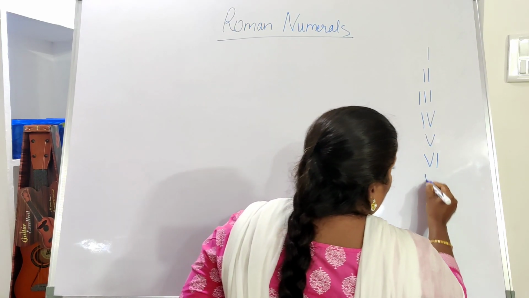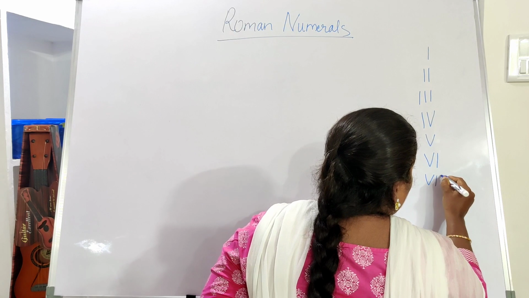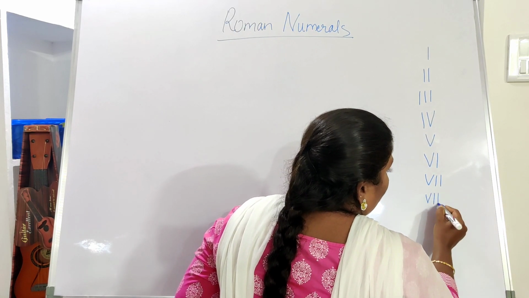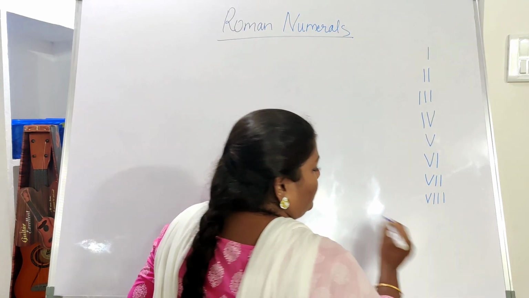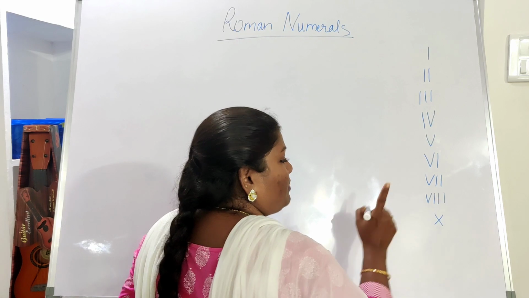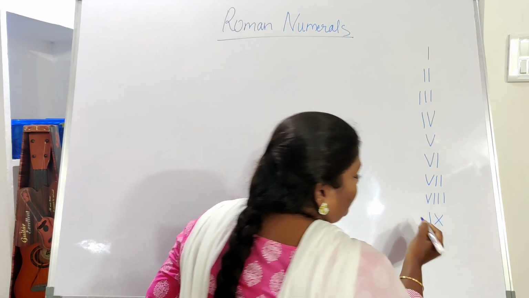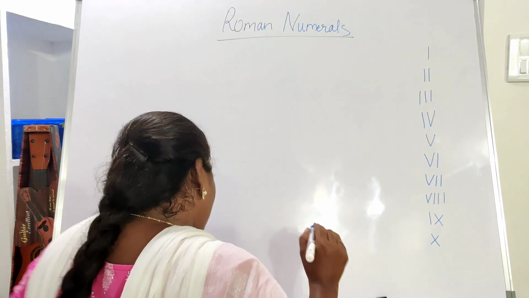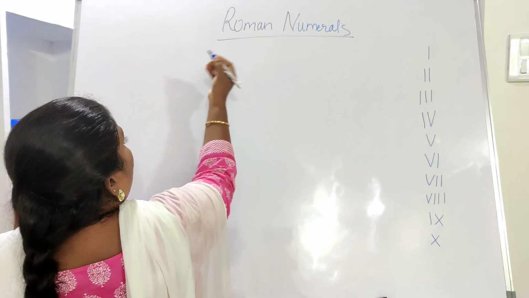Now 7, V plus 1 plus 1. 8, V plus 1 plus 1 plus 1. Now I need to write 9. So write X and I have to subtract 1 from it, so write I on the left side. Now this is 10.